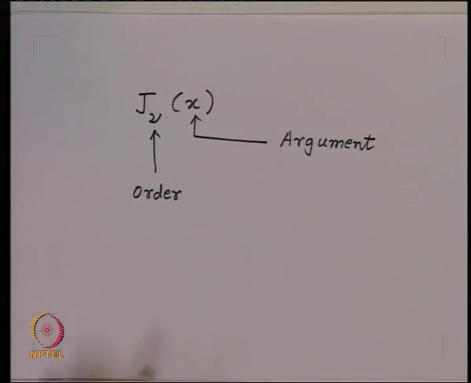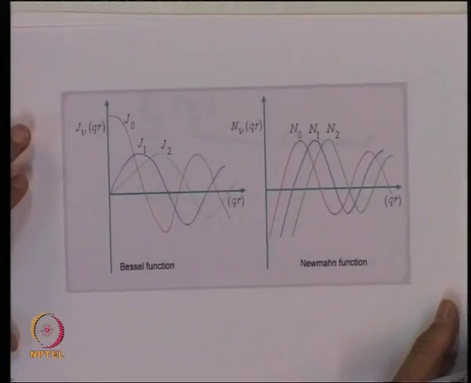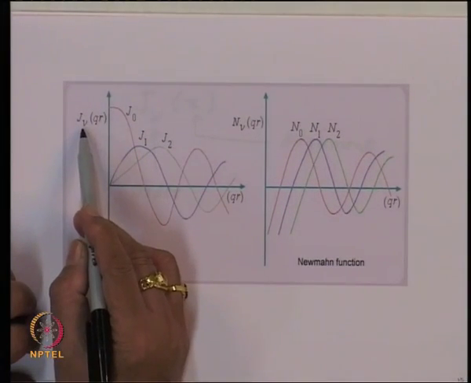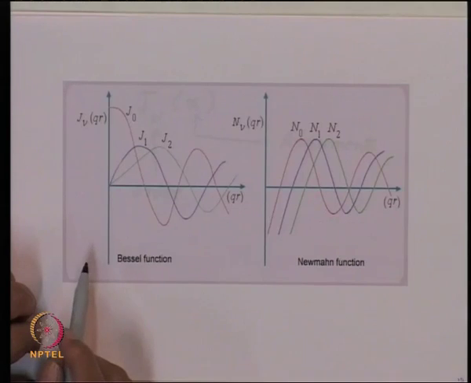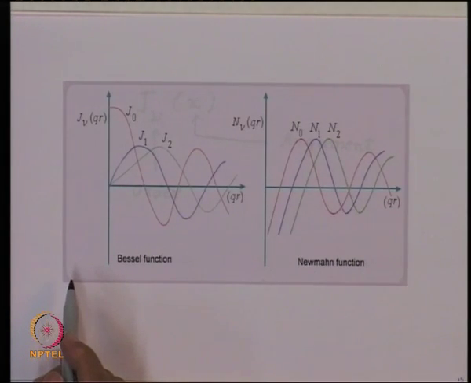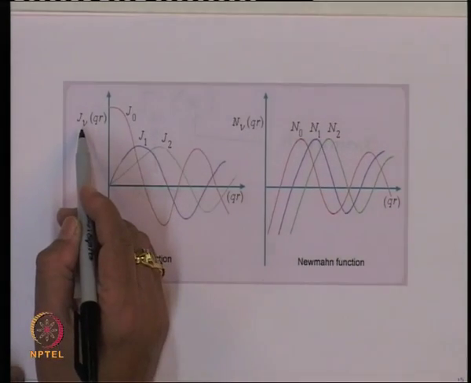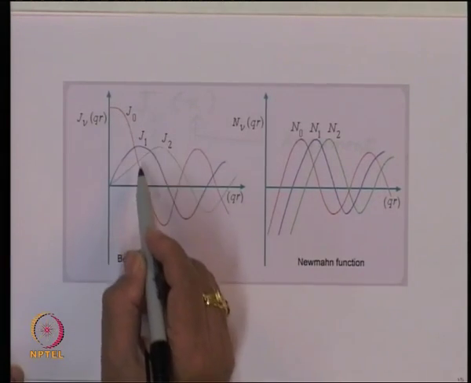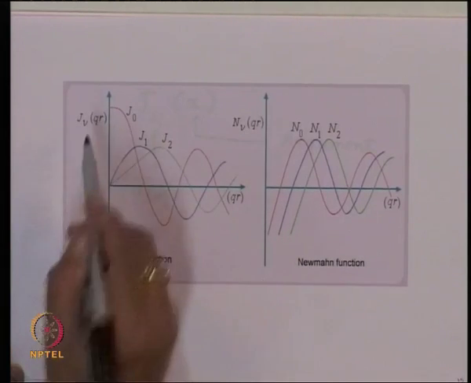Here what we have is a plot of the different Bessel functions, that means for different values of nu or different arguments. For any given value of nu, if I vary the argument, I get a plot of the Bessel function of that order.